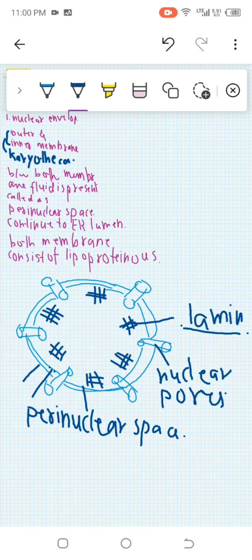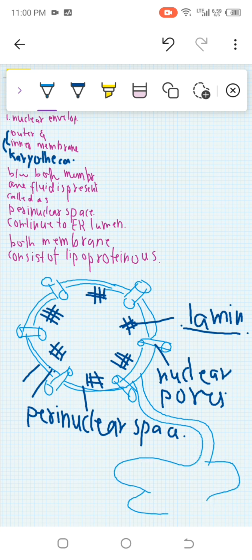And this membrane is continuing towards the ER lumen, right? Like this. And after this, this nuclear membrane is selectively permeable. Not fully permeable, the nucleus is selectively permeable, right?